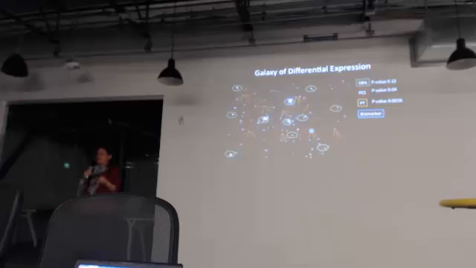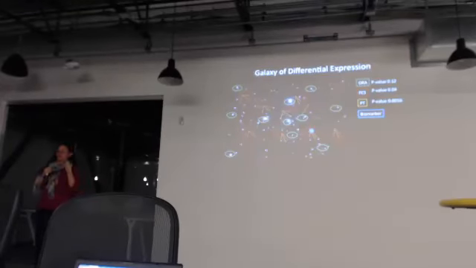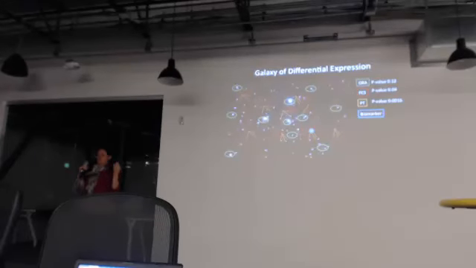I tell biologists this: do you believe that there's a single experiment that you can do that will help you understand the entire cell? And they laugh. No, you can't do that. So I tell them the same thing: we cannot just look at this data from one lens. We have to look at it from many lenses. And so, thank you.